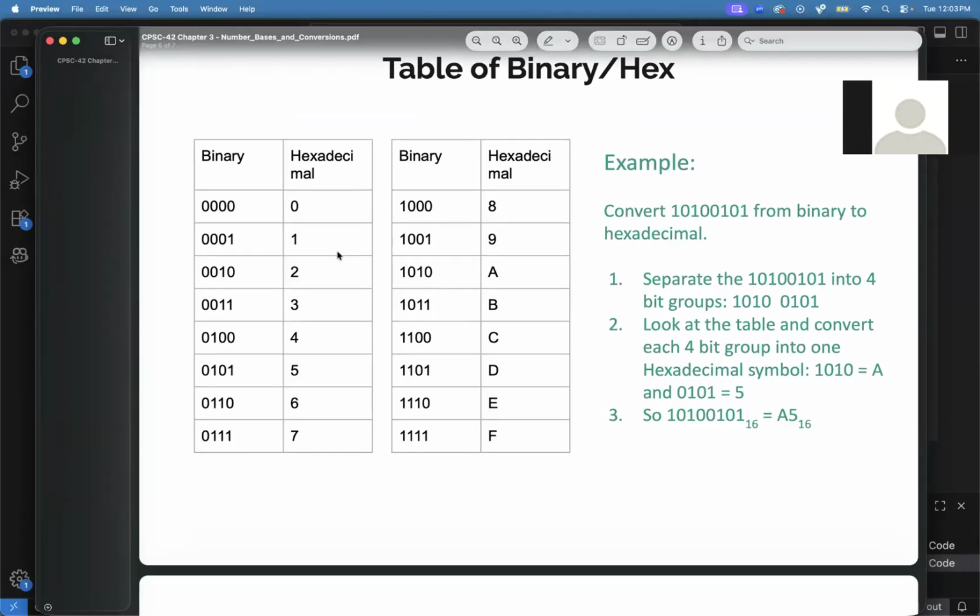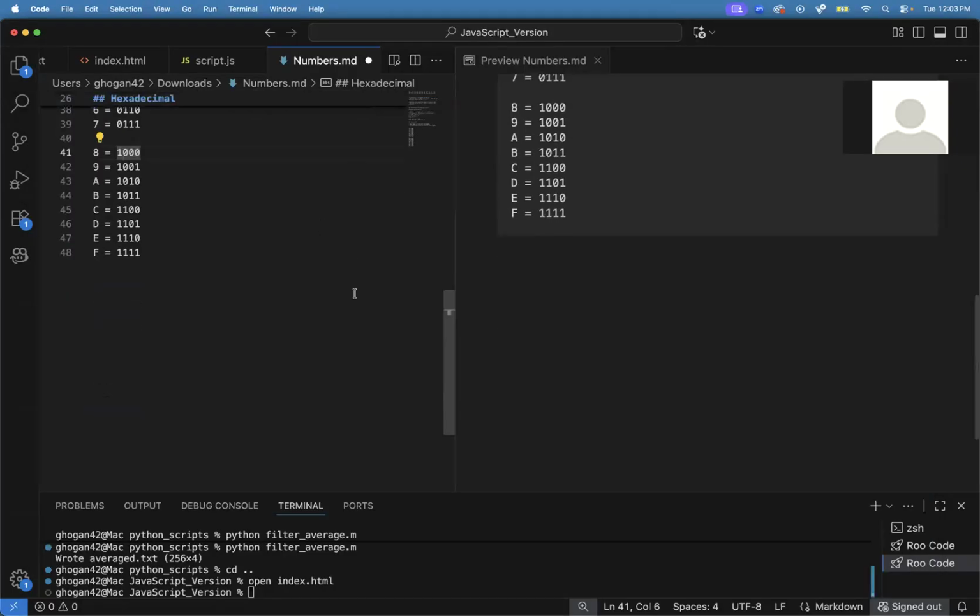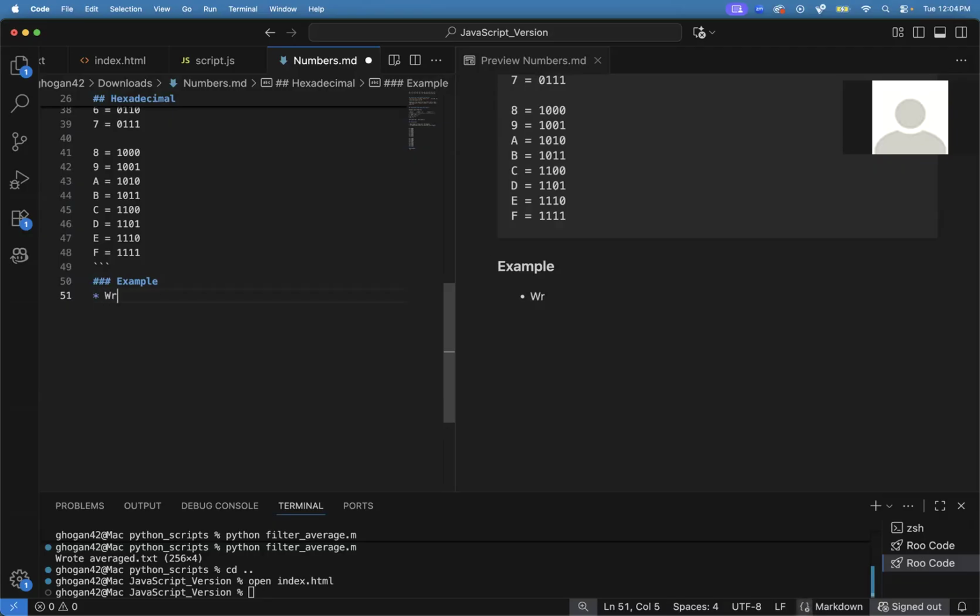And so the thing about this is whenever you're trying to convert a number into hex, you just do it 4 bits at a time. So I'm just going to make up a silly example, right? Let's write a binary number.